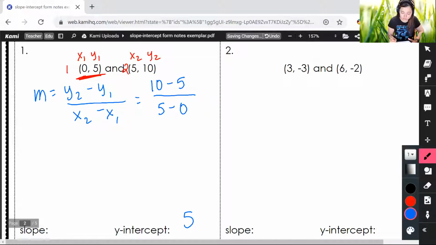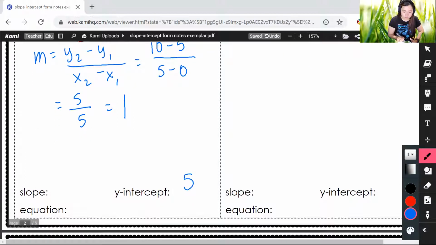Actually, this is not a lot of space. I'll put it over here. So 5 divided by 5. When you divide any number by itself, hopefully you know this, you get 1. So that means our slope is 1.